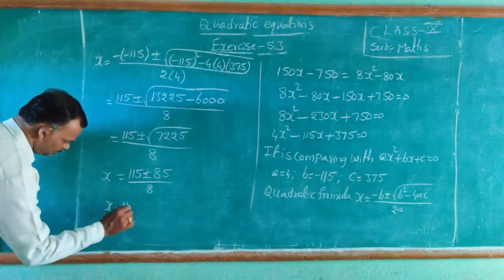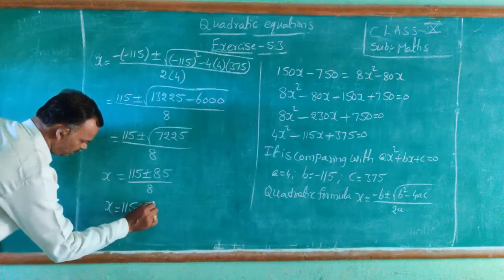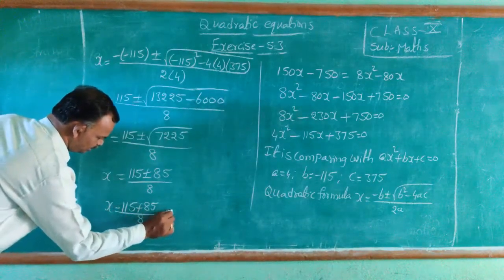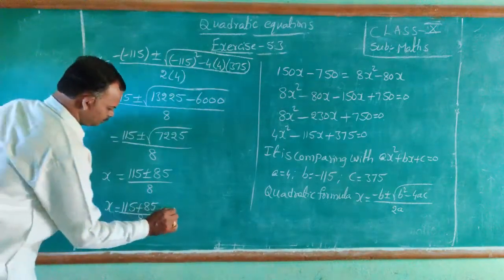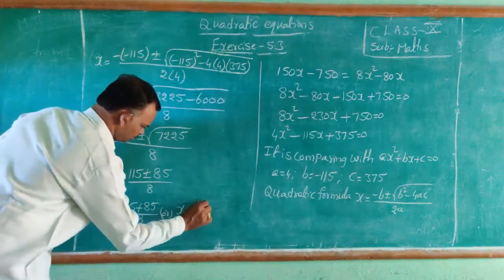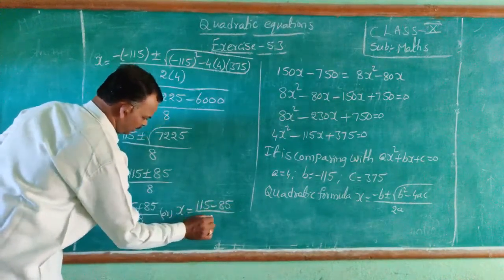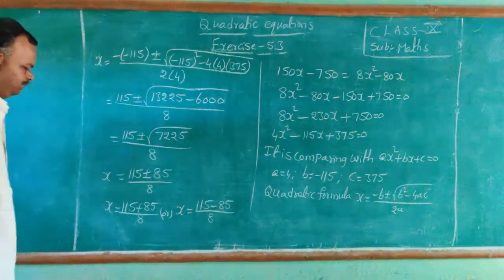x is equal to 115 plus 85 by 8, x is equal to 115 minus 85 by 8.